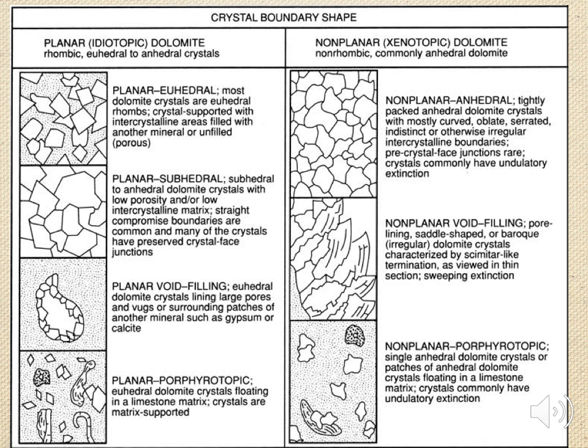They tend to have sweeping extinction, and they tend to have also this cleavage, curved cleavage, and curved edges sometimes. Then we have non-planar porphyrotopic type, where we have single anhedral dolomite crystals or patches of anhedral dolomite crystals floating in a limestone matrix, and these also tend to have undulatory extinction.